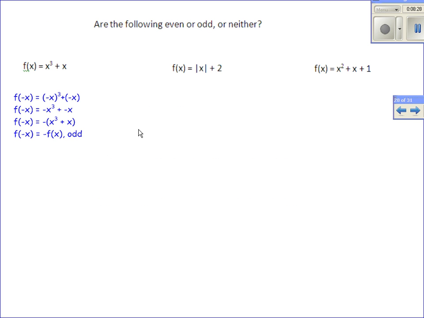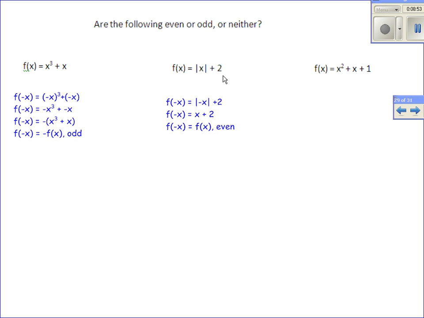Now let's determine whether the following are even, odd, or neither. So f of x equals x cubed plus x. If we replace the x values with negative x and simplify, a negative cubed is still negative, negative x is negative x, factor out the negative, and we get the exact opposite of the original function. This is a negative of the original f of x. So this would be an odd function.